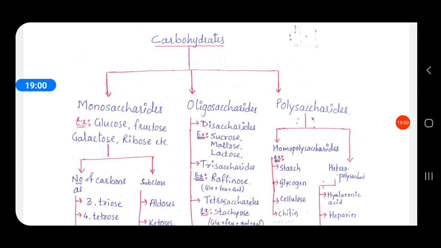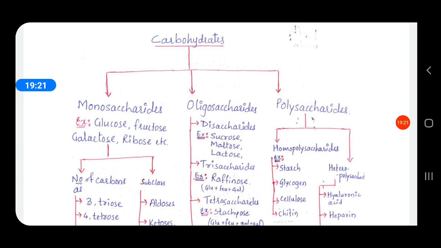Oligosaccharides are the carbohydrates which give a definite number of monomer units on hydrolysis. Depending upon the number of monomer units obtained, they are further classified as disaccharides, tri, tetra, pentasaccharides, hexasaccharides, etc.